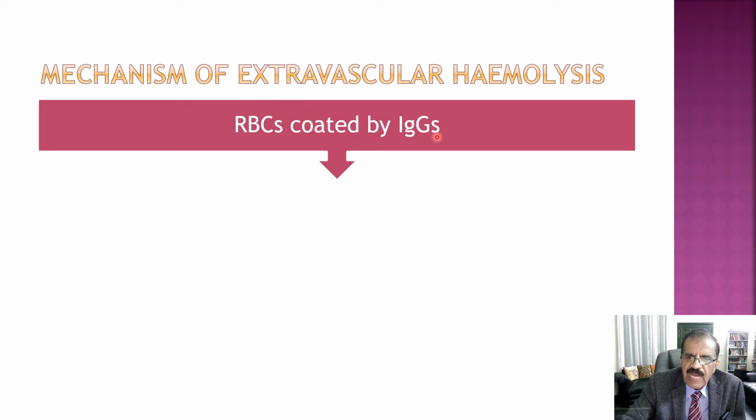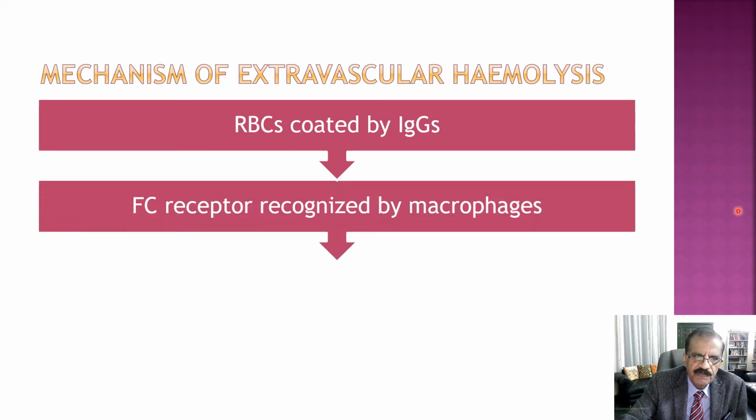So these antibodies will bind to those antigens. Antibodies have two parts. One is the Fab part, the other is the Fc part. The Fab part is the one which determines its specificity. So antibodies will be bound to the RBC antigen with their Fab part and the Fc part will be exposed.